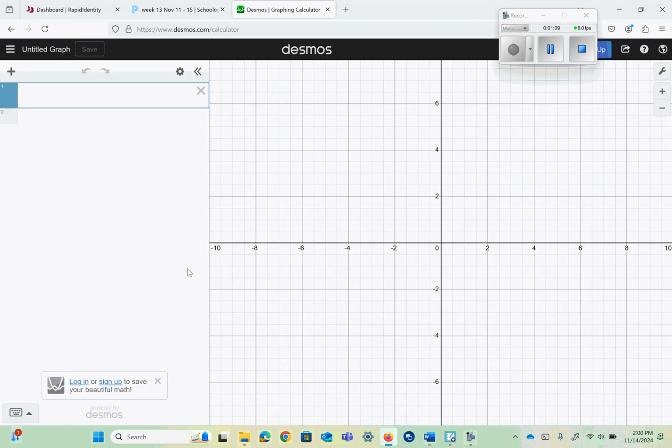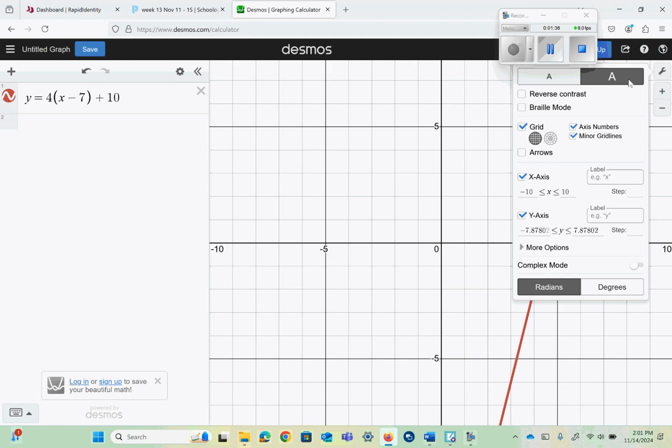Y equals 4 parentheses x minus 7 plus 10. All right. So this is the equation that we have drawn.